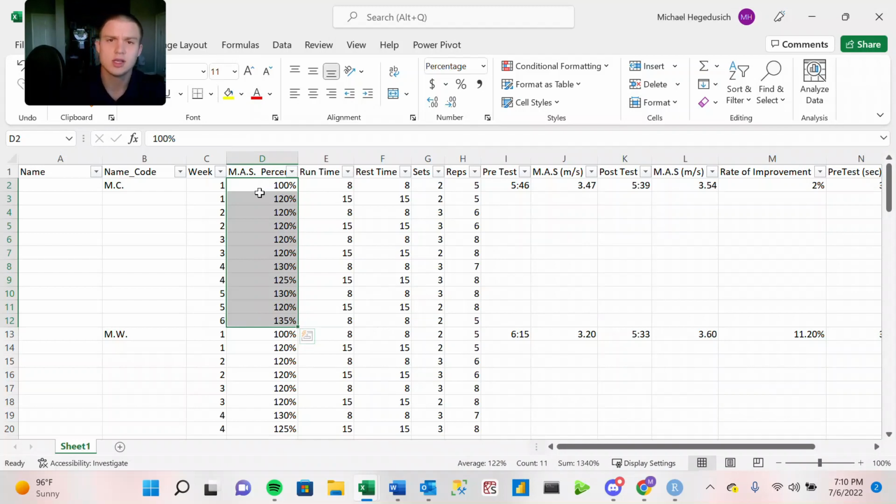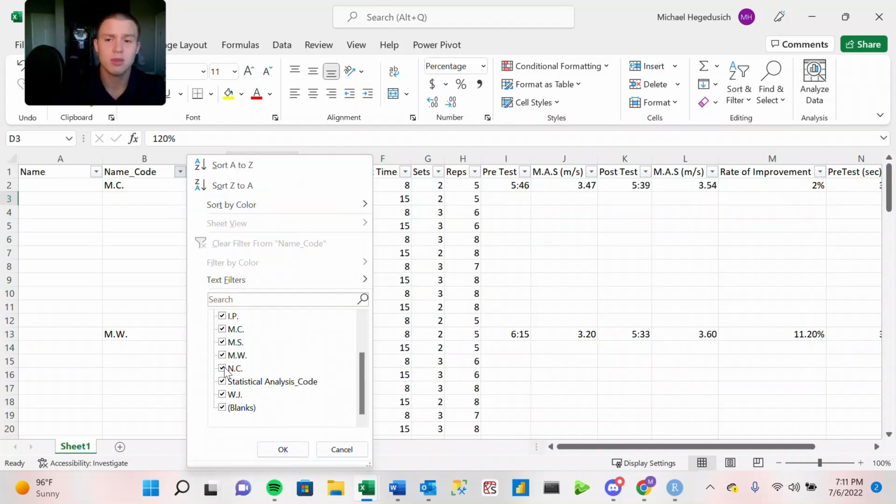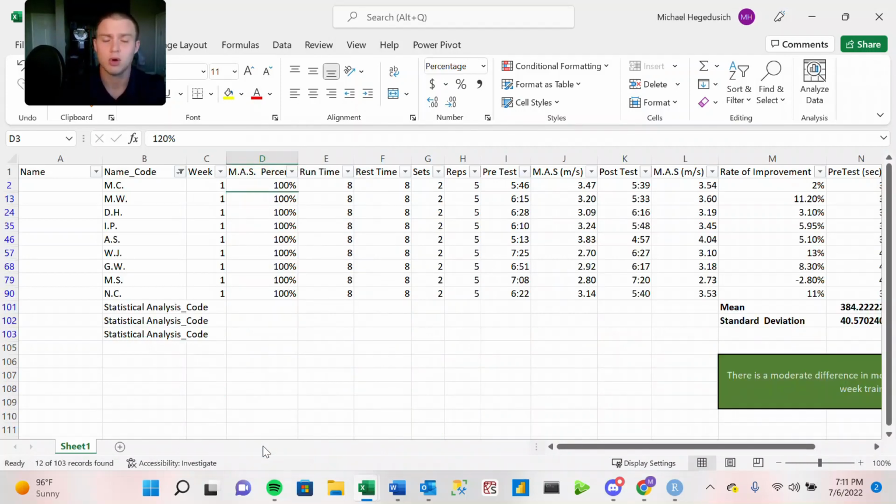The first training session, because it was the first training session, I kept it at 100%, and that was way too easy. So moving forward, utilizing percentages well above 120, more in that 130 to 140 or even 145% of max aerobic speed, I believe is going to have a better impact or better result on their post-test results.